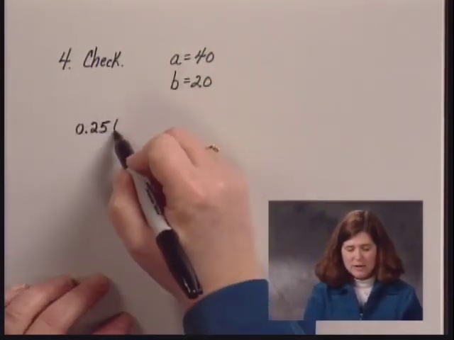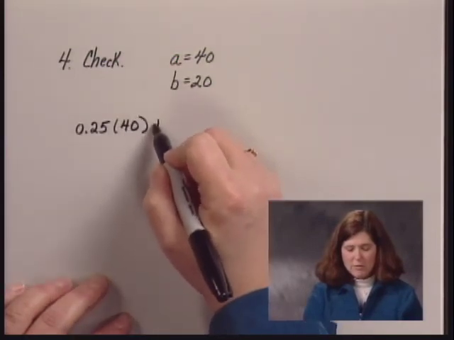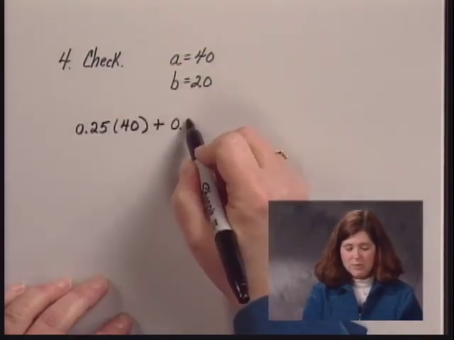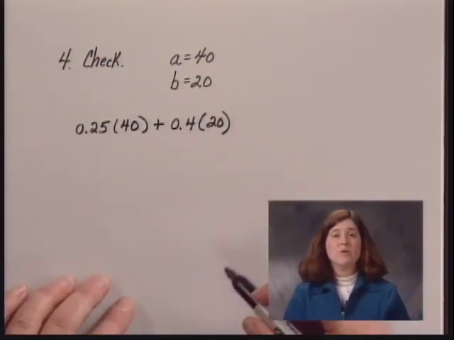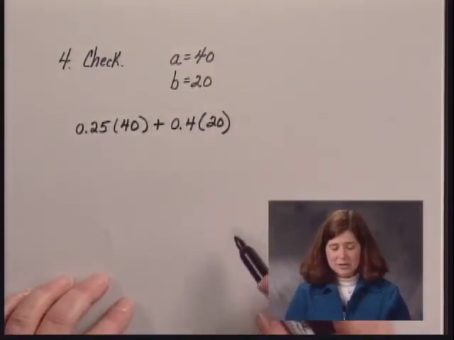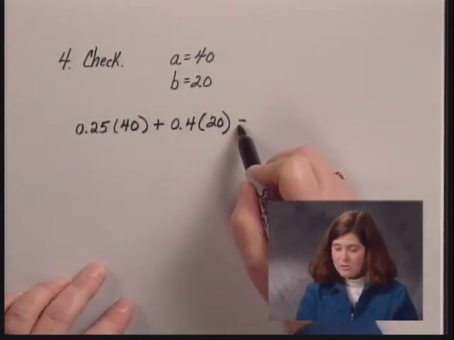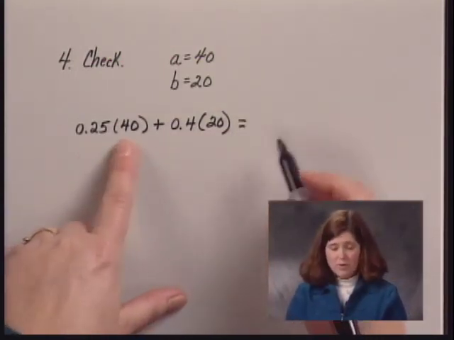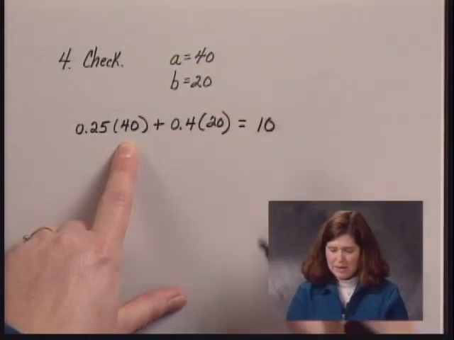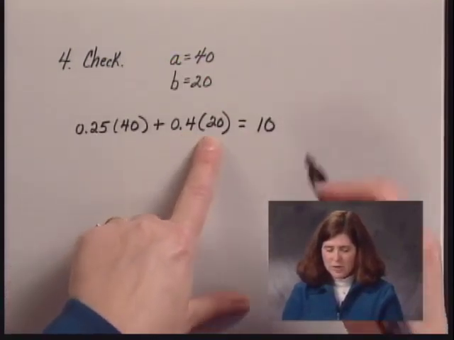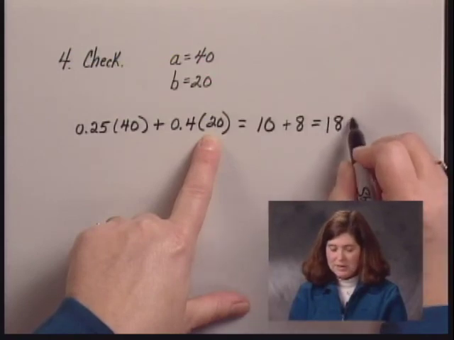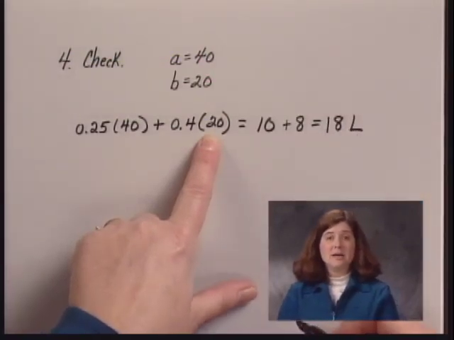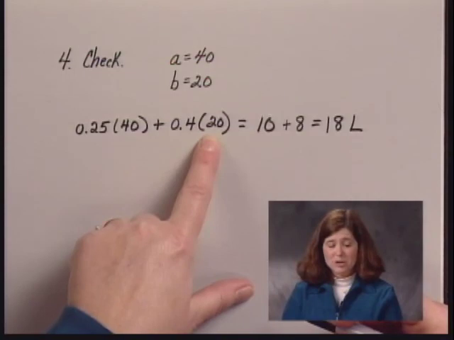So 25% of 40 plus 40% of 20 will give us the amount of acid that's in the solution. If we add this together, 25% of 40 is a fourth of 40, or 10. 40% of 20 is 8, and that would give us 18 liters. And that is what we calculated we needed for the amount of acid in the solution.